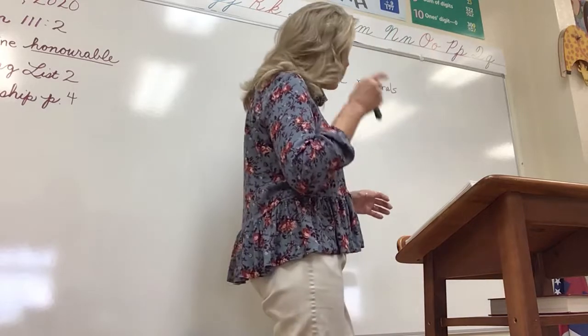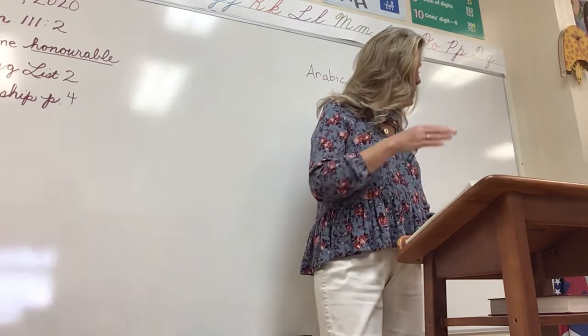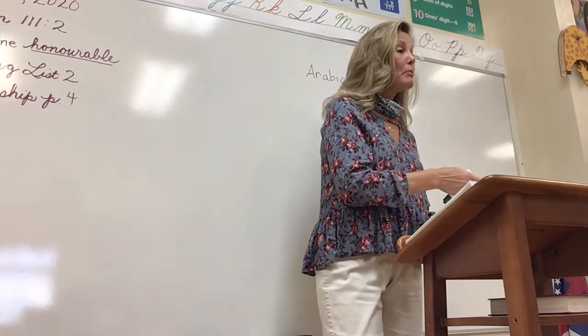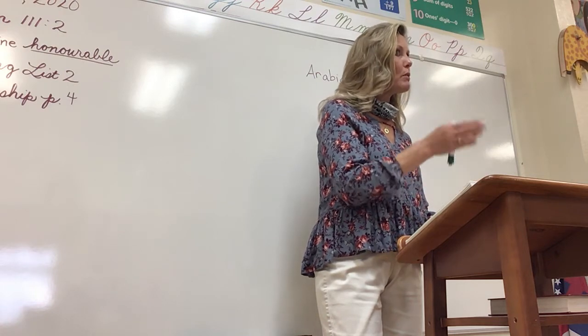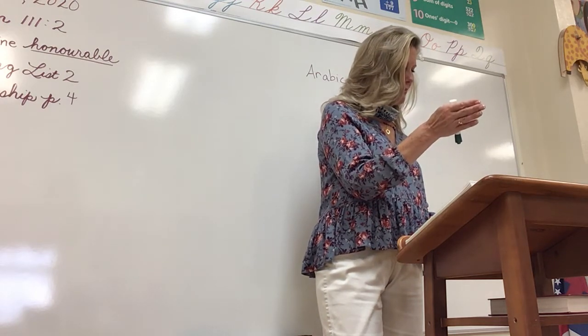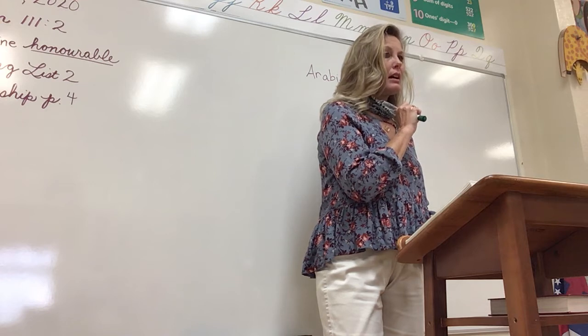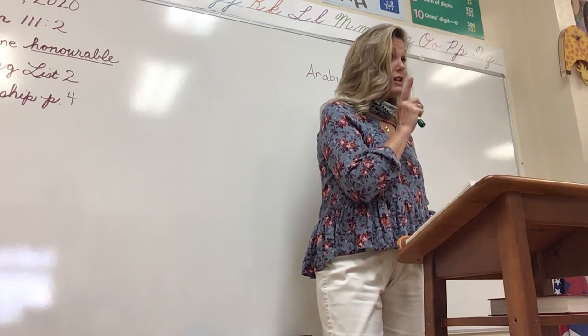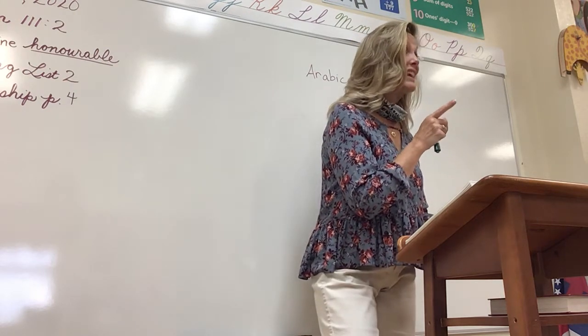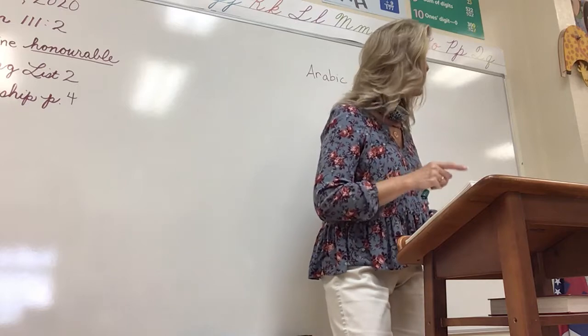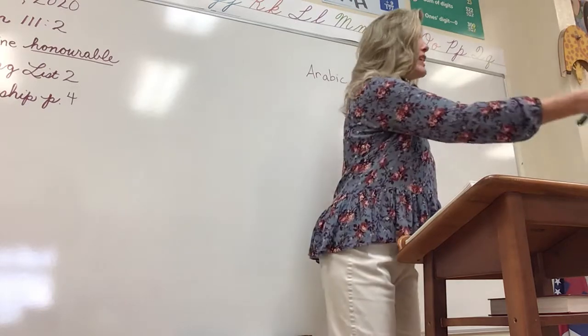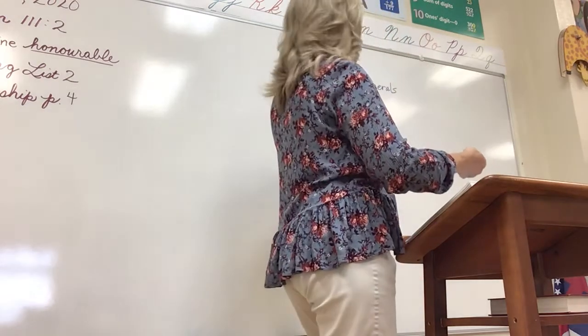Now, if I look at A, do I want to start at the 9 to put my commas in? No. Where do I want to start, Sophia? You want to start like 3 numbers past it? No. I start at the end of the number, the 1 at the end. Remember, the beginning of the number is the 9. But I want to start at the end of the number and count backwards.